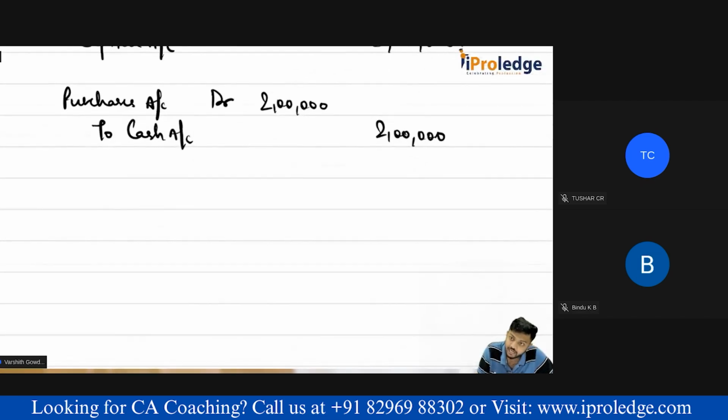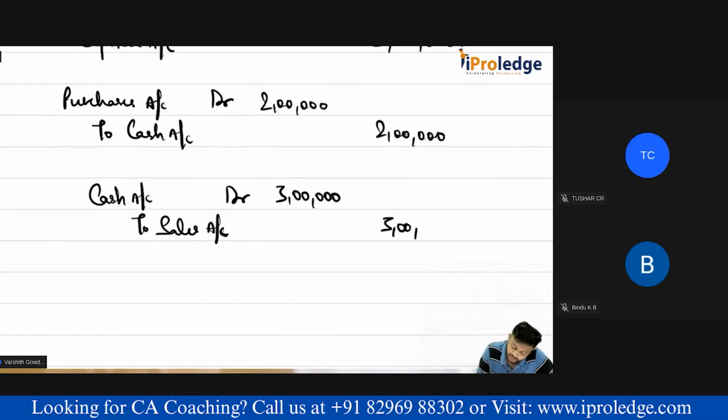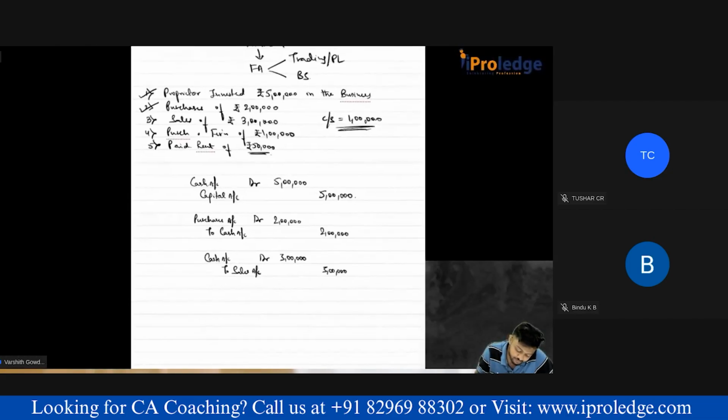Sales is an income. One more aspect is cash is coming in. So cash is an asset increasing, debit. Sales is an income increasing, credit. How much? 3 lakh. Done. Now the fourth transaction.